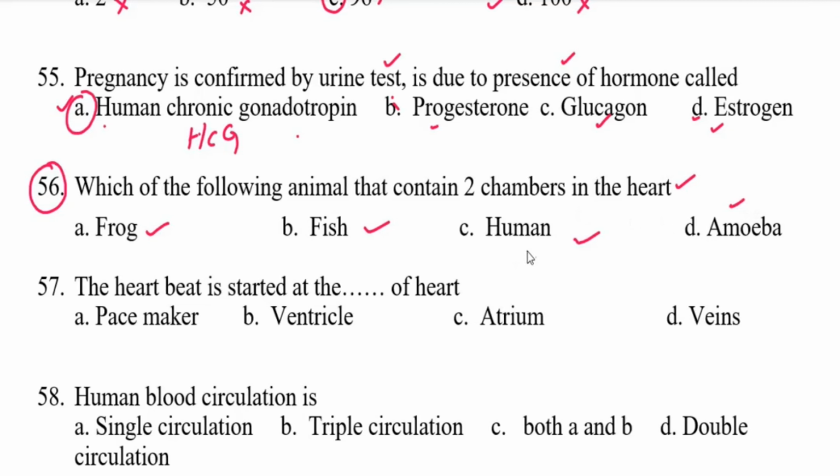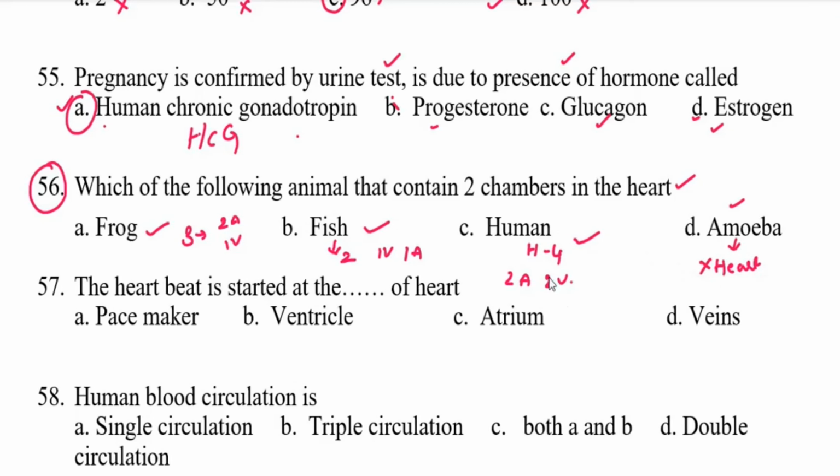We know very well that the human heart contains four chambers, two atria and two ventricles. The fish heart contains two chambers, one ventricle and one atrium. The frog heart contains three chambers, two atria and one ventricle. Amoeba doesn't contain any heart.